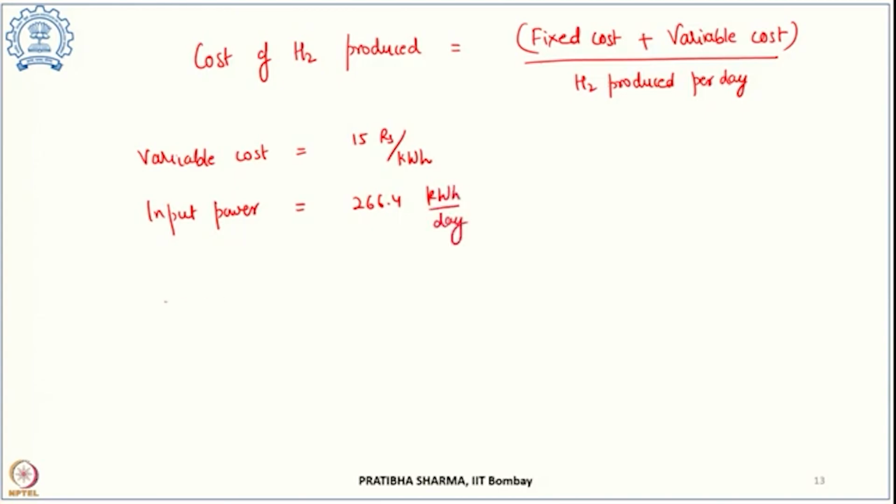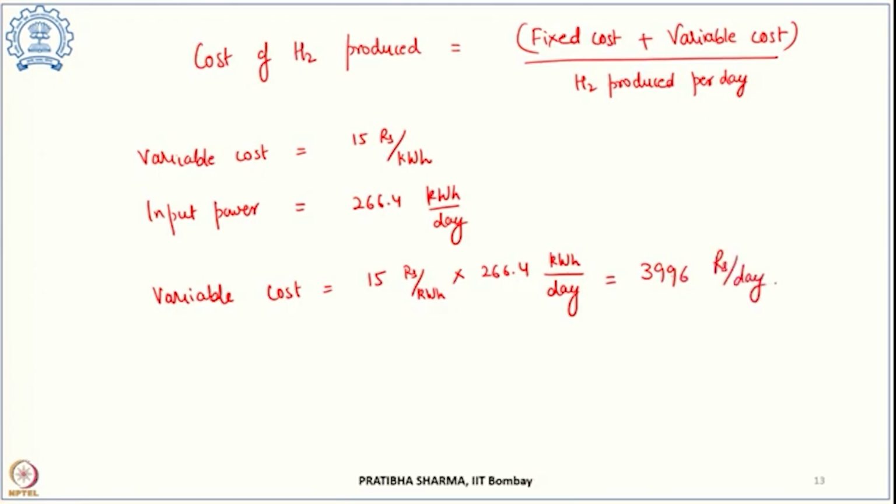So, we can find out the variable cost in rupees per day. It is given by 15 rupees per kilowatt hour times the input power, and that gives us 3996 rupees per day.